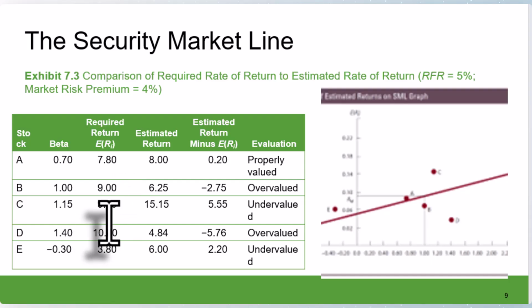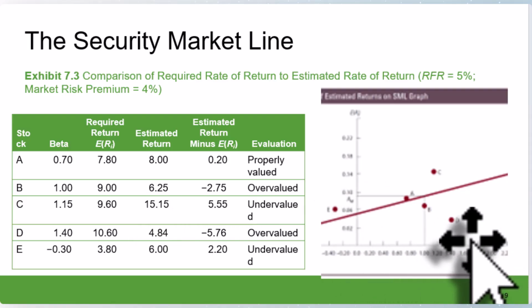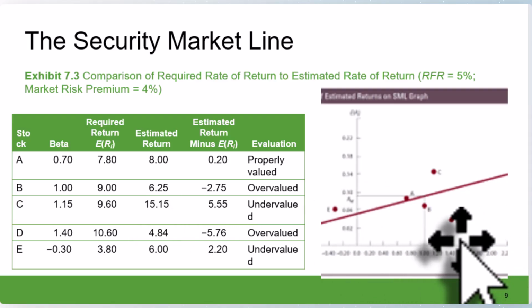So if we look at asset C, according to the capital asset pricing model, it should pay us around 9.6. However, we have estimated that this is actually going to pay us 15. So obviously, if theory says it's only worth 9.6 and you think it's worth 15, you would want to buy that. Likewise with D, it's the opposite.